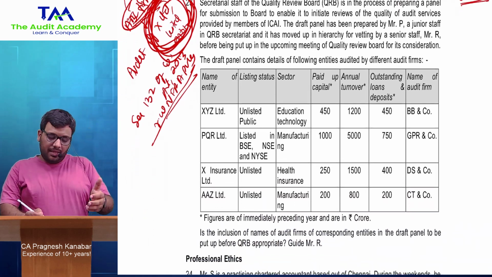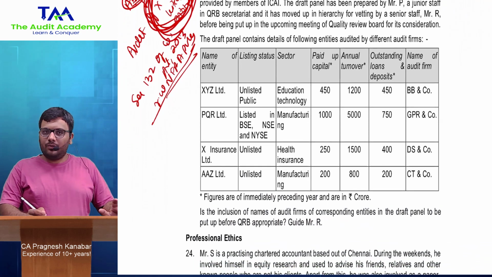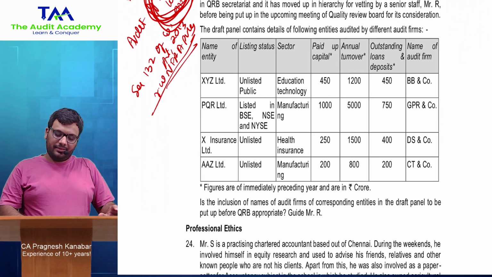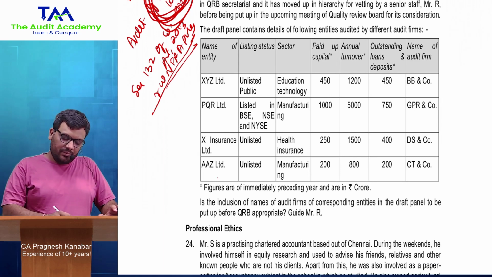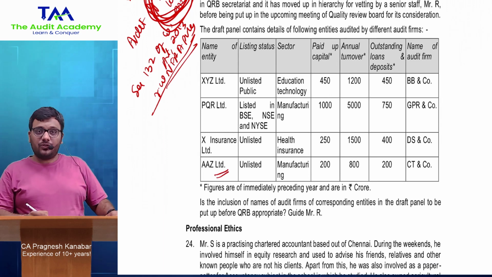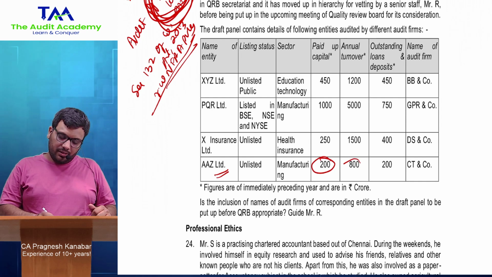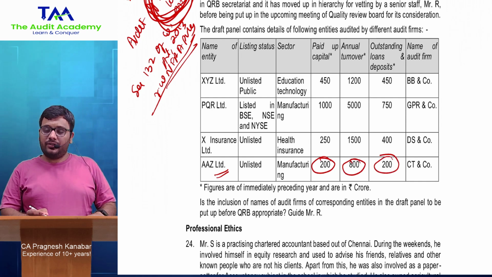अब यहाँ पे देखो अलग अलग पूरा डिटेल्स दिया हुआ है. So after solving आपको पता चलेगा, all right, कि भाई ये जो कंपनी है AAZ लिमिटेड जो अनलिस्टेड है, जो मैन्युफैक्चरिंग सेक्टर में है, that is fine. पेड अप शेयर कैपिटल 200 करोड़ है, टर्नओवर 800 करोड़ है, आउटस्टैंडिंग लोन्स एंड डिपॉजिट्स 200 करोड़ है.